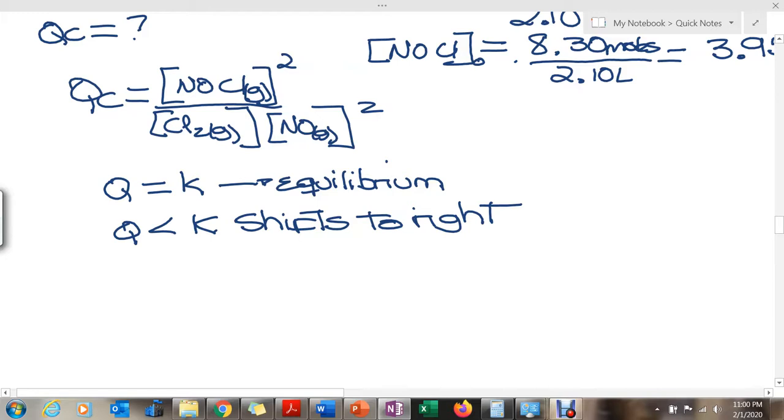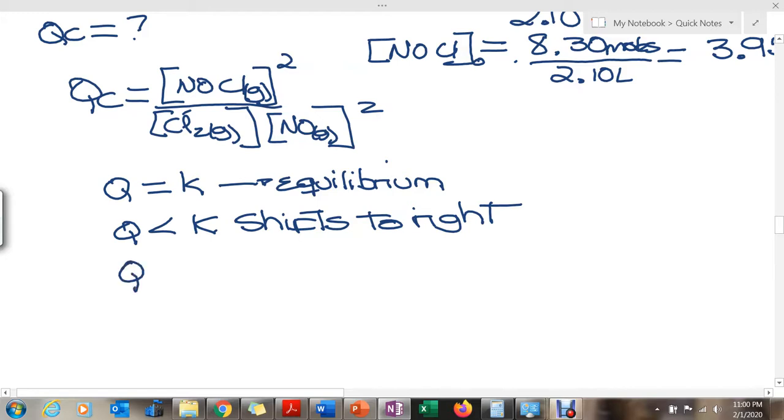I wouldn't say equilibrium, because it hasn't reached it, but the system will produce more product to reach equilibrium, so that Kc, or K in any case, whether Kp or Kc, is equal to Q.